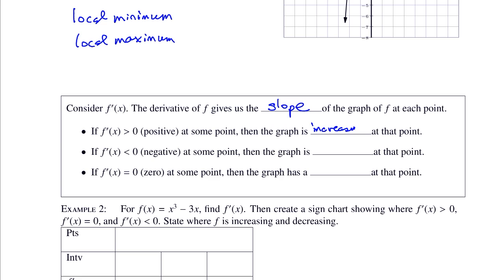Increasing. If the first derivative is negative at some point, then the graph is decreasing at that point. And if the first derivative is 0 at some point, then the graph has a horizontal tangent line at that point.